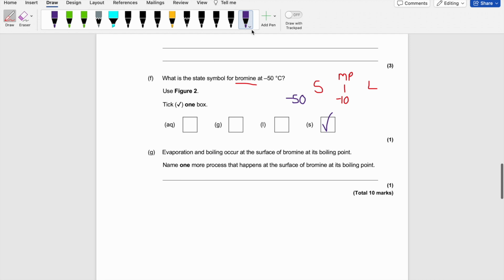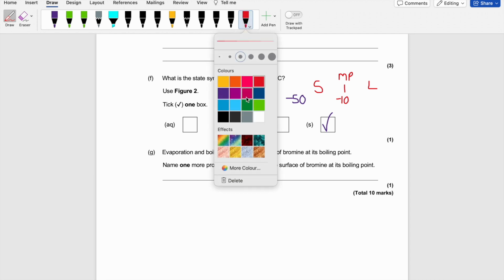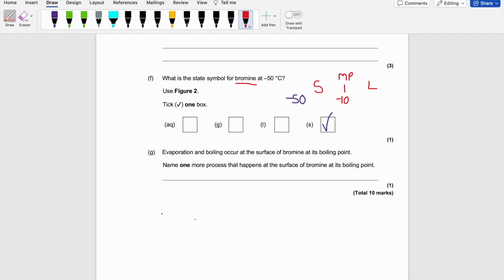It then says, the last question, evaporation and boiling occur at the surface of bromine at its boiling point. Okay, name one more process that happens at the surface of bromine at its boiling point. Well, boiling point, so if we do a little diagram, boiling means going from a liquid, I'm going to write this down, a liquid to a gas.